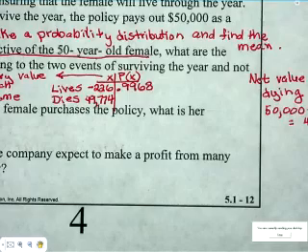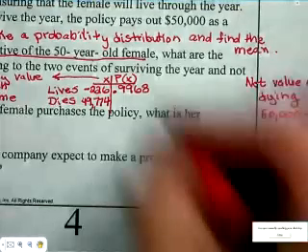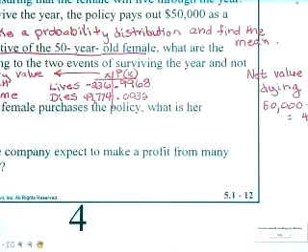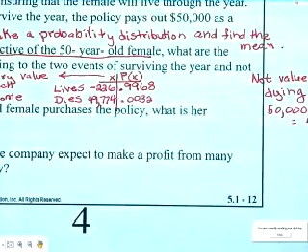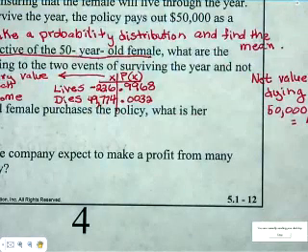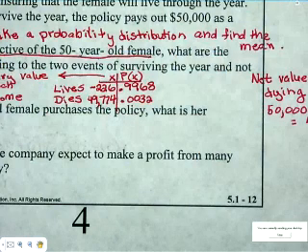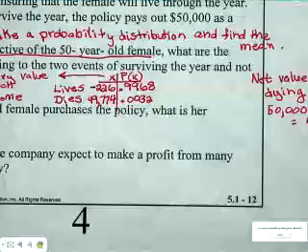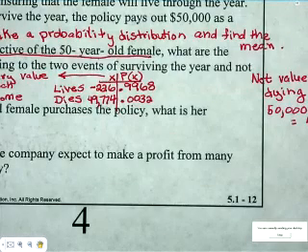So 0.0032 is the probability that the estate is going to gain $49,774. Another thing that I know is if this is a probability distribution, these have to add up to 1, and that tells me how to find that one. Subtract this one from 1.